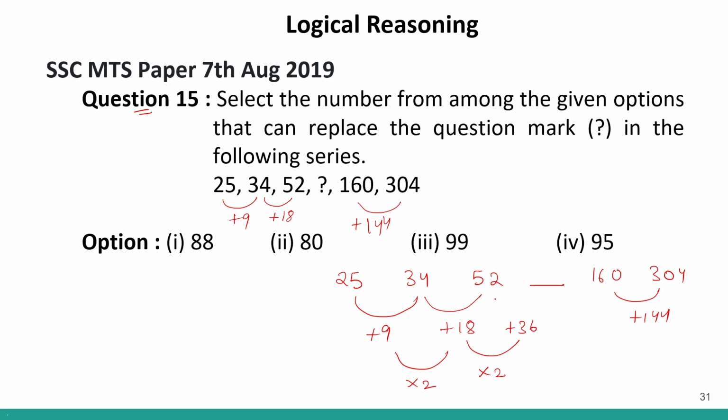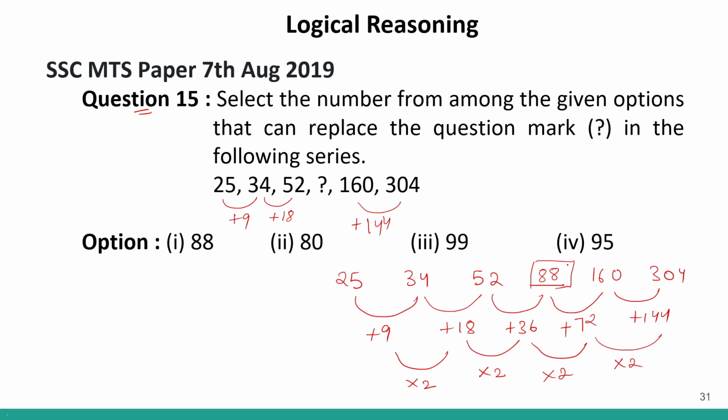If I add 36 to 52, I'll get 88. Let us keep this here. So between 88 and 160, what is the gap? Between 88 and 160, the gap is 72. So 36 to 72, I can see is a clear multiplication by 2. Correct? And from 72 to 144 is also a multiplication by 2.